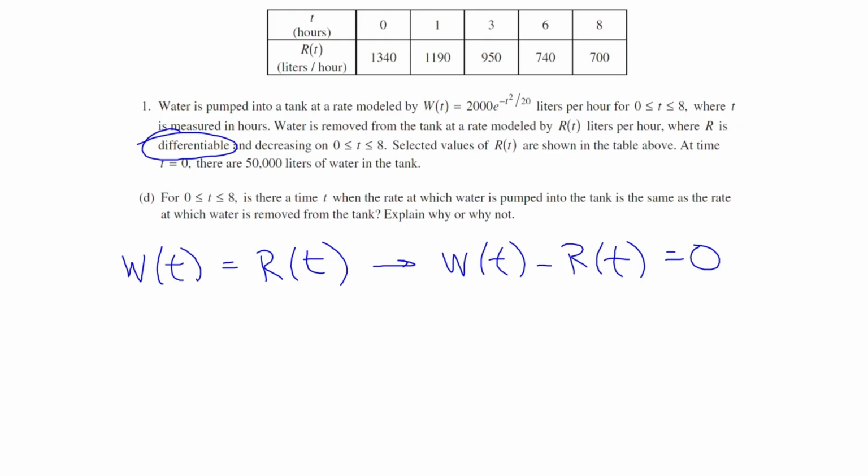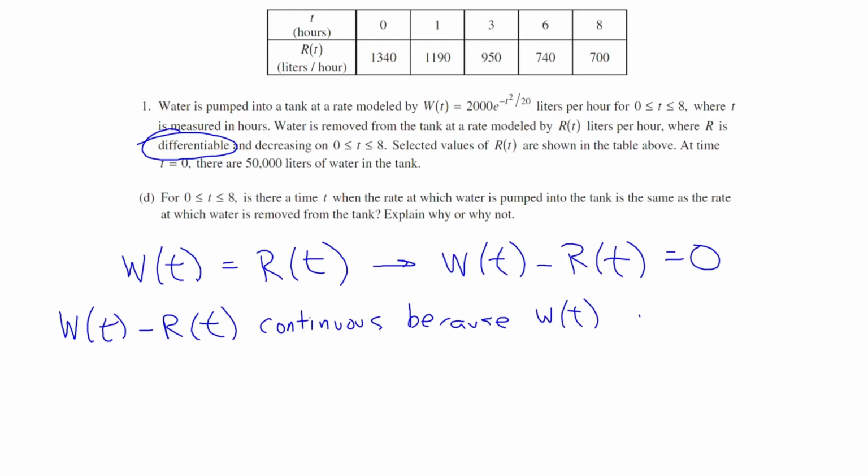So we're going to say that, and you want to make sure you state this, W minus R is continuous because W and R are continuous. First of all, if you're going to use the intermediate value theorem, or at least try to, you want to state the conditions for it.